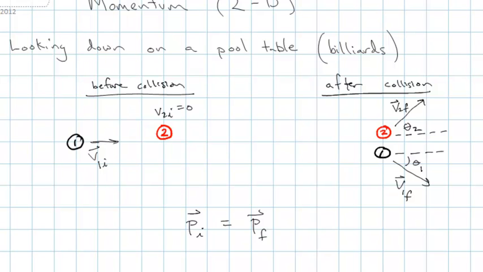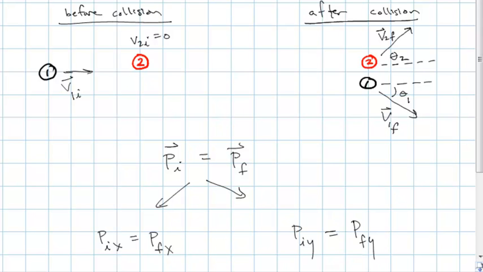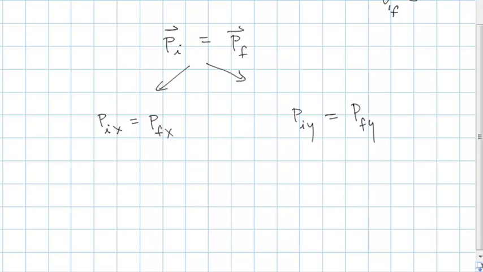So if the initial momentum equals the final momentum, then the initial momentum in the x direction will have to equal the final momentum in the x direction, and the initial momentum in the y direction will have to equal the final momentum in the y direction. I'll define the right as my positive direction and up as my positive direction.